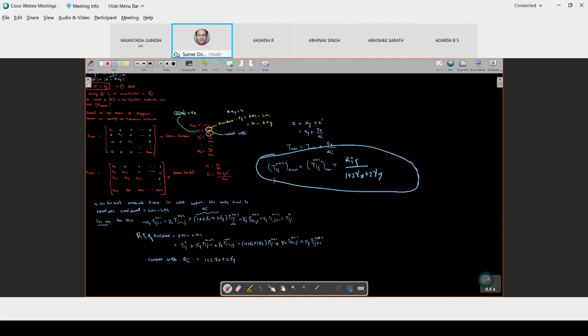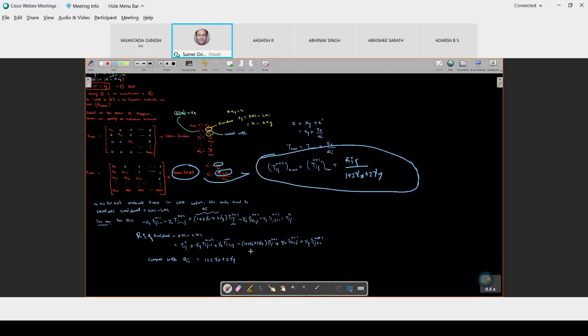Okay, the same you can do for Gauss Seidel also. Here also we are essentially calculating residuals only. These are the residuals, Rg minus A x prime.